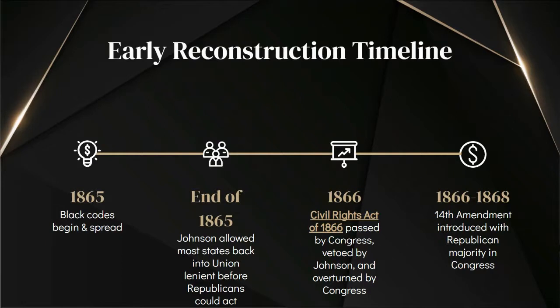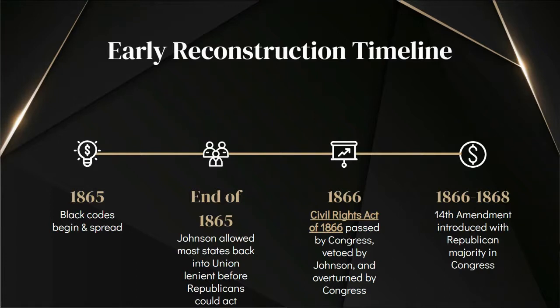1865 continues, and in 1865, the same year the Civil War comes to an end, we already see the creation of black codes. And not only are they beginning, but they are spreading throughout the South. That is one of the challenges faced by the United States, and specifically what's happening in the South.